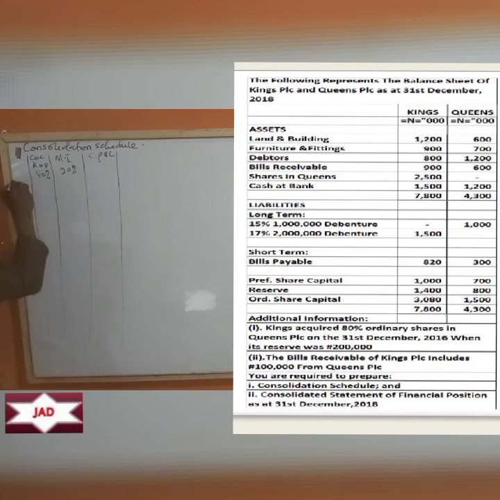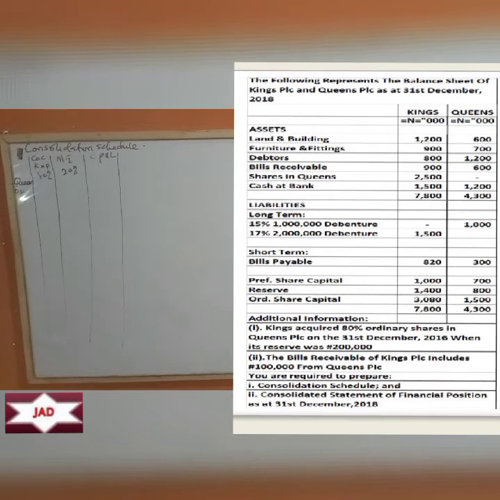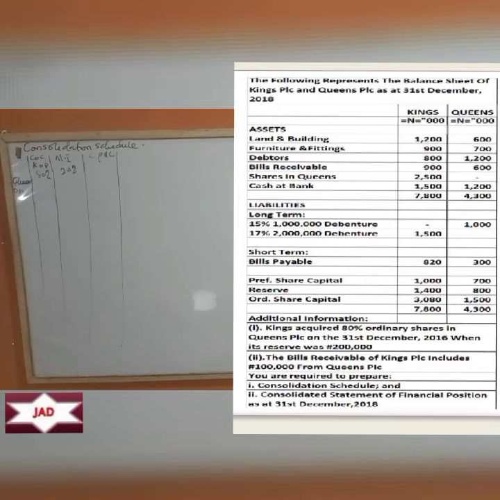So we have Queens. What's the ordinary share according to the question? What's the ordinary share of Queens? Ordinary share here, you can see 1,500.